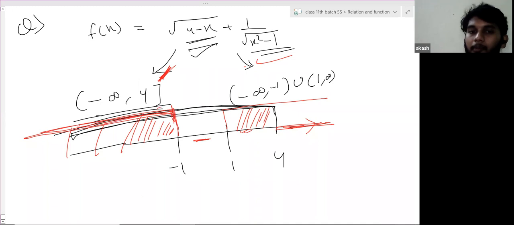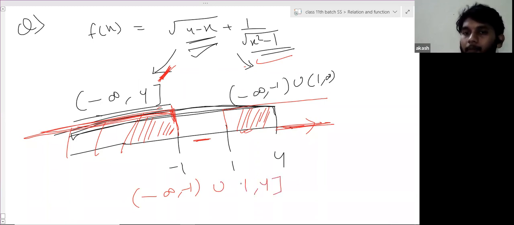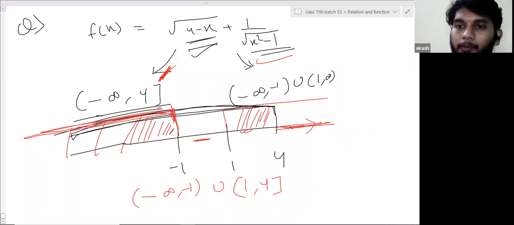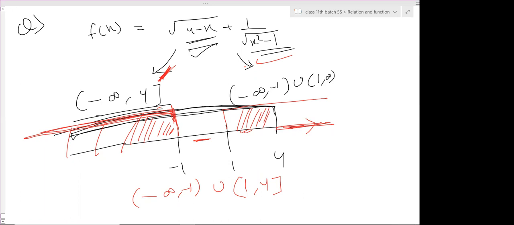So the final answer will be minus infinite to minus 1, open brackets, union, that means or, 1 to 4. 4 can be included, but 1 cannot. This thing is clear or not, both of you? Now, Fahad, this thing is clear or not? Yes, sir. All right, Fahad.